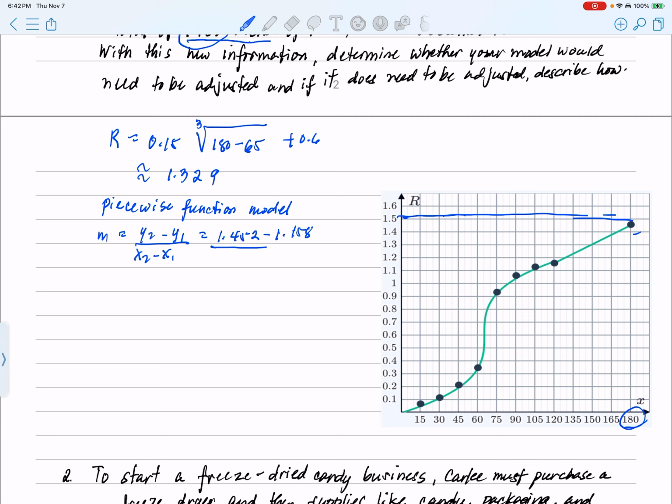If we look at the 120 right here, just estimating, 1.158 is closer to 1.2, and the other one is 1.452.